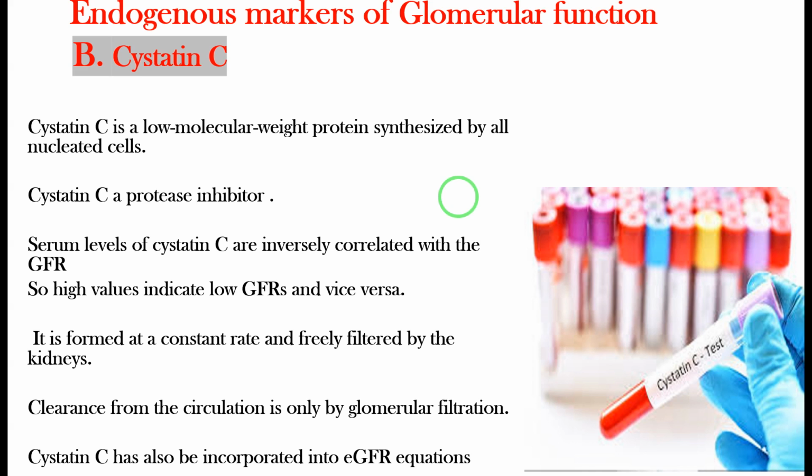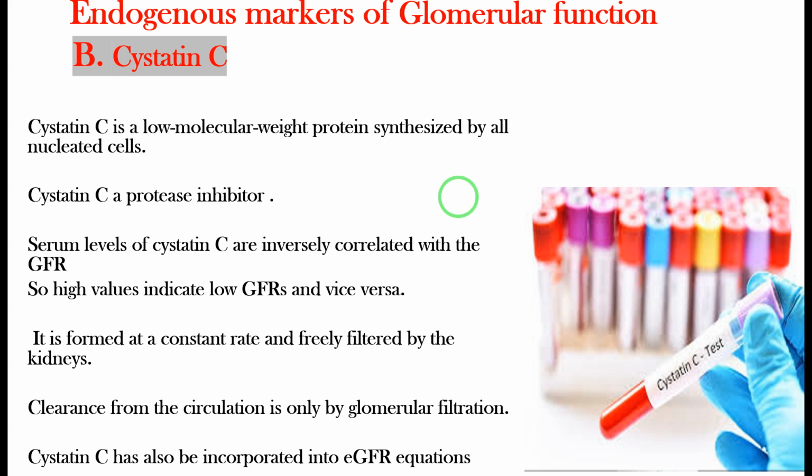What is cystatin C? It's a low molecular weight protein, it acts as a protease inhibitor, and it is formed at a constant rate. This criterion makes it a good marker for glomerular function. It is freely filtered by the glomerulus. This is the second criterion that fits the ideal criteria. And clearance is by glomerular filtration only.